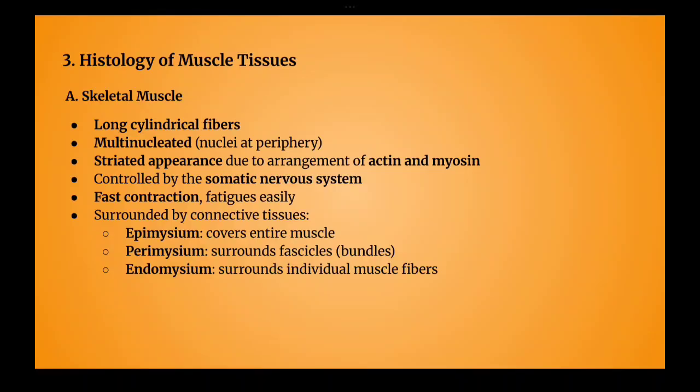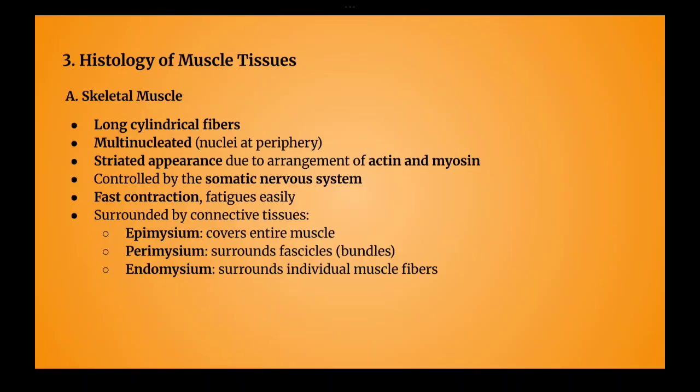We'll be studying about it in physiology. Now, controlled by the somatic nervous system. Somatic means it is under voluntary control. So it is under your wish or under your control. So you can move the muscle as you wish. Now, surrounded by connective tissue, there are three types of connective tissue surrounding the skeletal muscles: epimysium, perimysium, and endomysium.